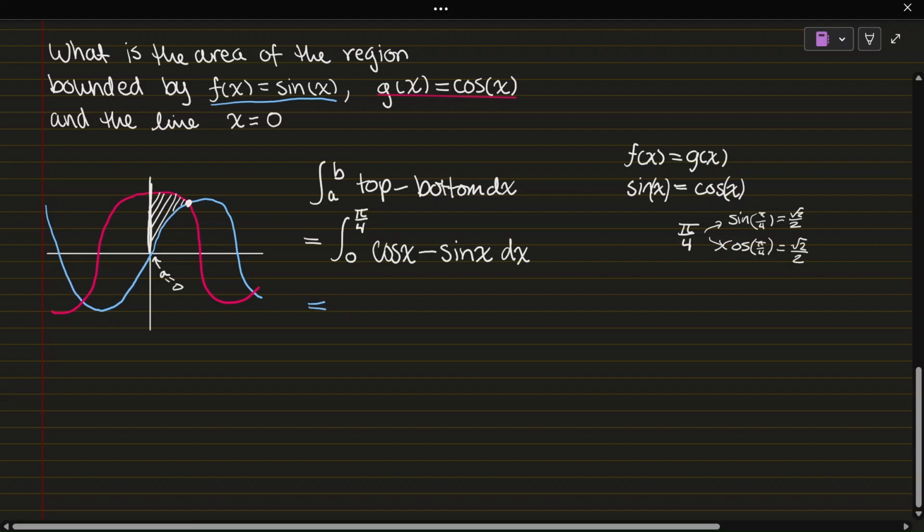This is going to be positive sine of x plus cosine of x evaluated from 0 to pi over 4.